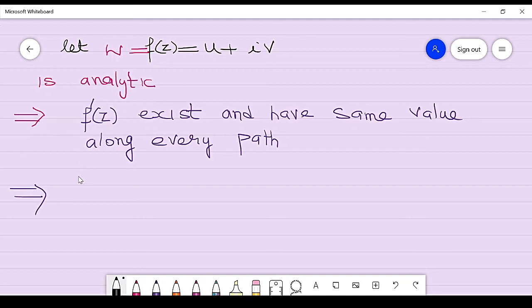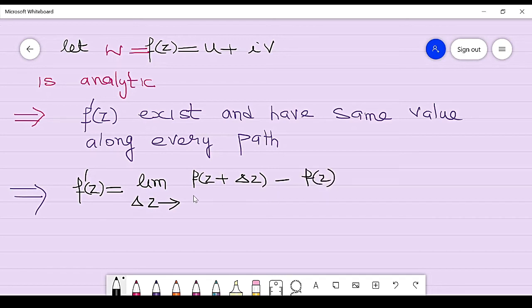Now first, what is the definition? f'(z) is equal to the limit as delta z approaches 0 of [f(z + delta z) − f(z)] over delta z.